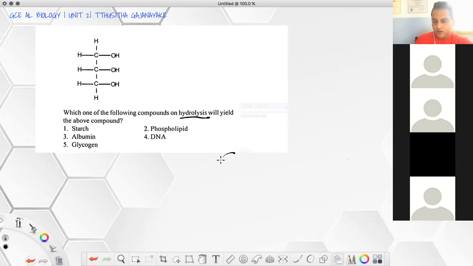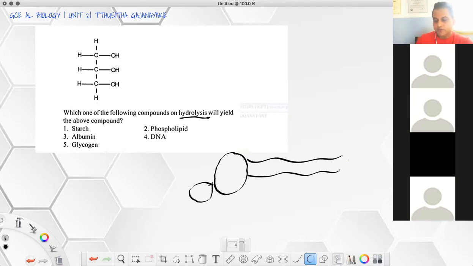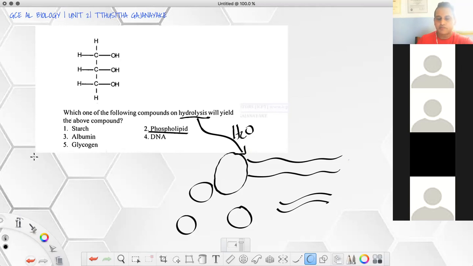If this is a glycerol molecule and this one is a fatty acid, this one is a fatty acid, and this one is a phosphate group, hydrolysis is a break in the bond. The meaning of hydrolysis is we just add water molecules to break the bond. So when we break the bonds, we can get a phosphate group, glycerol, and two fatty acids. So the answer is a phospholipid.